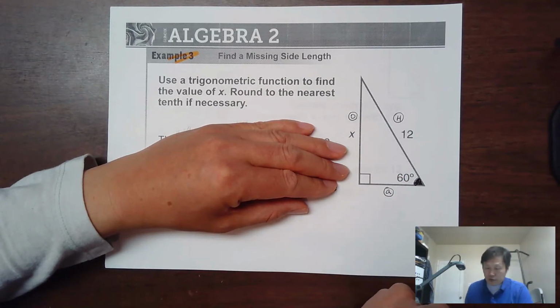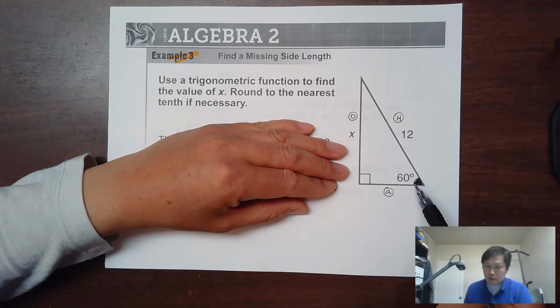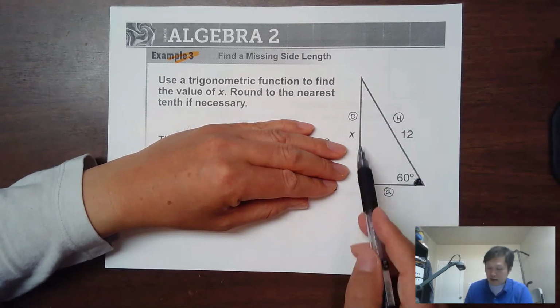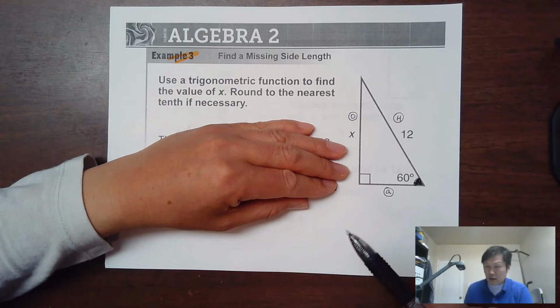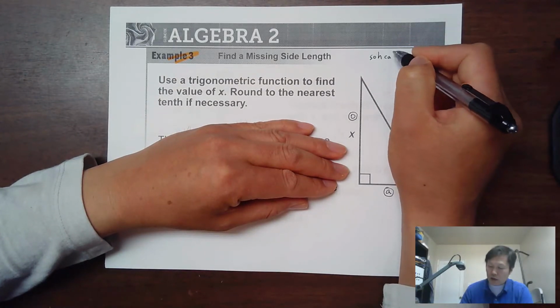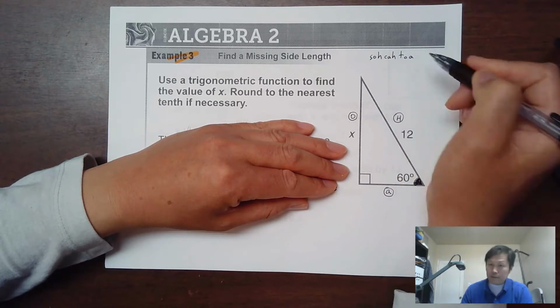So the first question you have to answer yourself is: we are dealing with a 60 degree angle of interest. Among sine, cosine, tangent, which trigonometric function should we apply to find length x? So you have to deal with SOHCAHTOA.